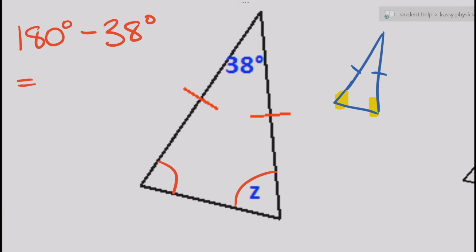What's that mean? Well, that means that we have 142 degrees left to divide between these two angles. And the two angles are equal. They're the same. So Z is there, Z's also here. So each of them is just going to be half of what's left.